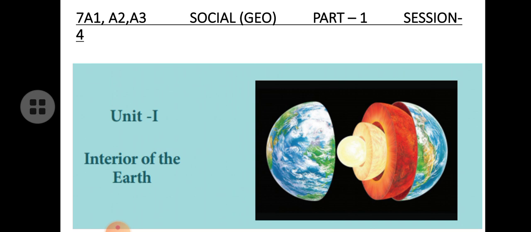Have you ever thought what our Earth is made of? What are the components? What are the materials? What are the sources that made our Earth?